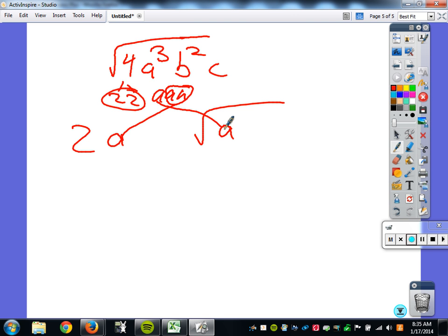Okay, b squared. How many get to come out? So we got b and b, so they get to come out, so the b gets to come out, right? And then you go under. Okay, and then notice c, he doesn't have a buddy, so he has to stay under, right? So our answer is 2ab square root of ac.